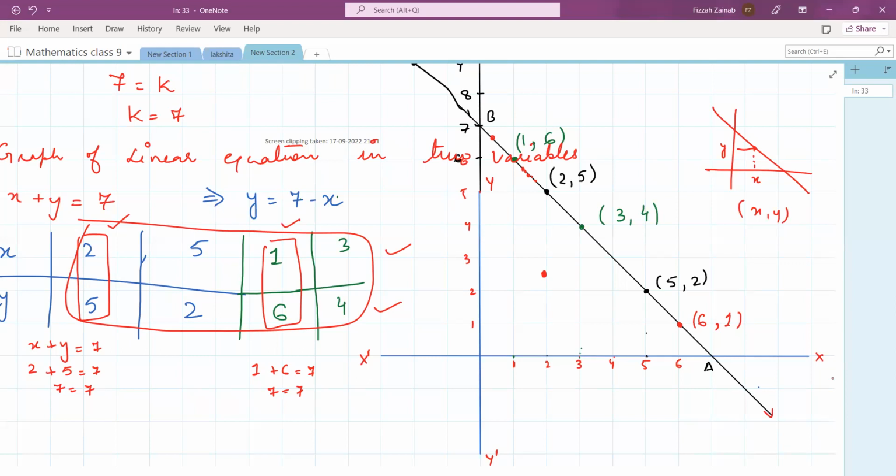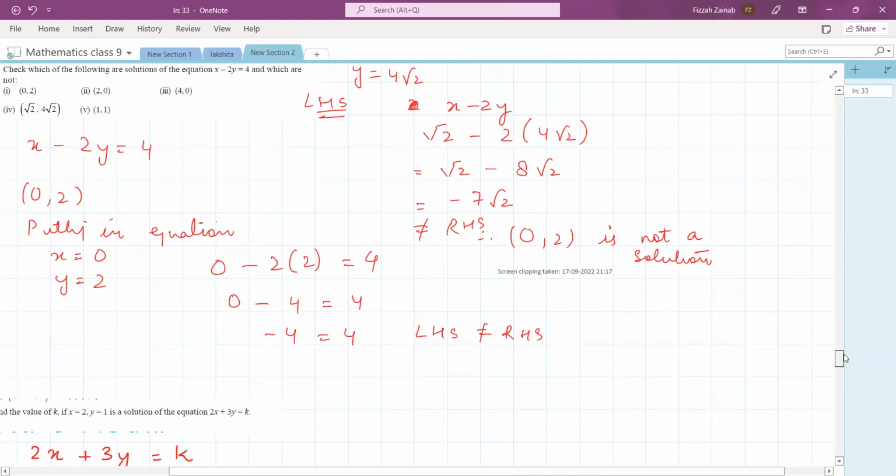One is algebraically, one is graphically. Algebraically we can solve, right? There's no problem. And graphically, the same points which I get algebraically, when we see them on the graph, they fall on the line. That means every point on this line is actually a solution of this equation. Is this understood by everyone? Yes, ma'am.